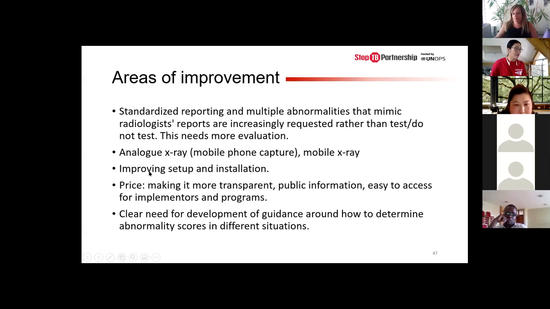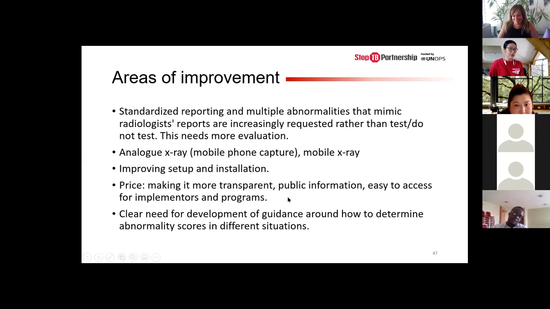On the pricing, regarding Casey's question on what if the box is broken, about insurance, this is where we really want to advocate, and maybe if the community can help advocate, to make the pricing from developers more transparent and public information, more easily accessible to developers and programs.